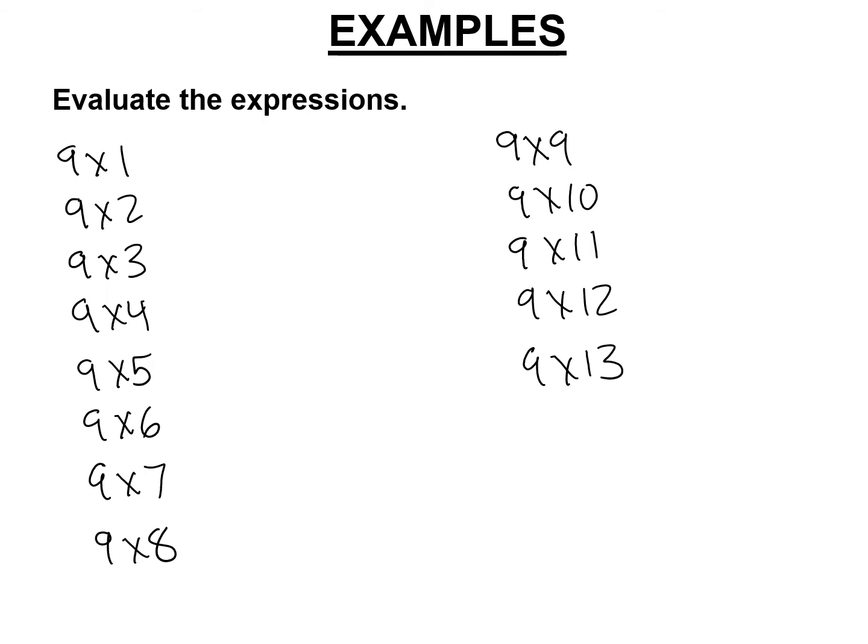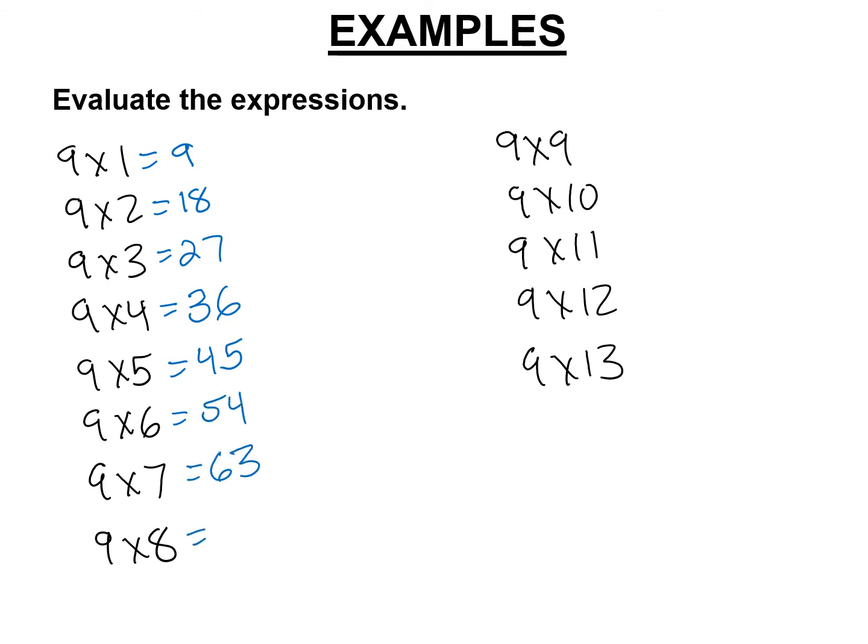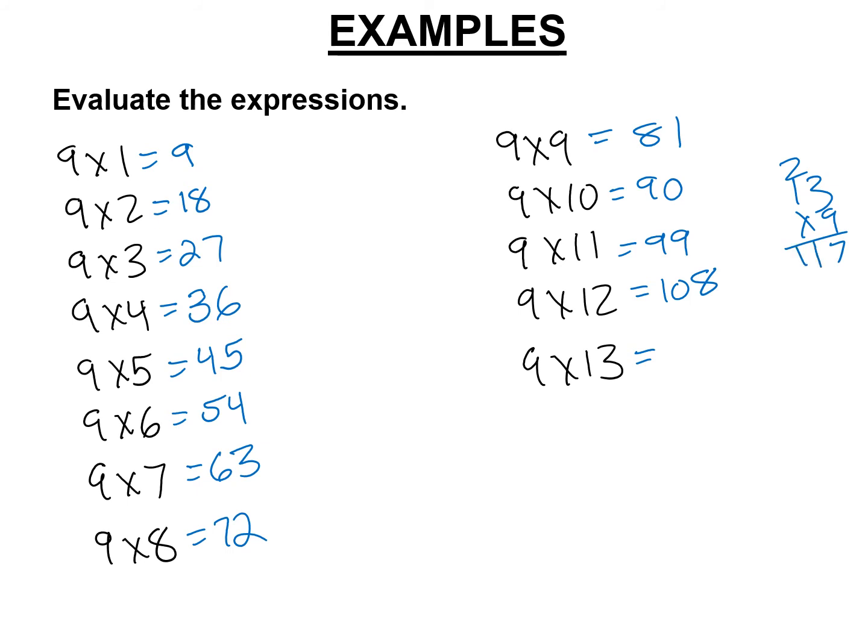So let's do the 9 times table. So 13 times 9 is 117.